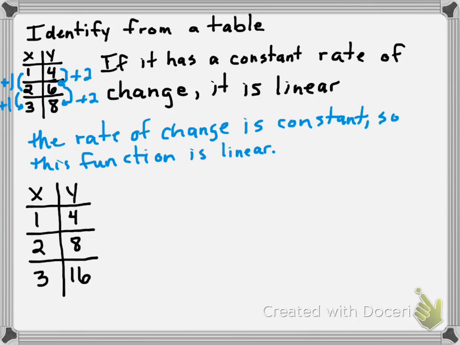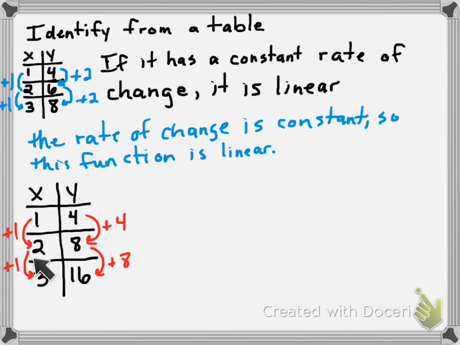Okay, now looking at this other table. Okay, from the first y to the second, it went up 4. From the first x to the second, it went up 1. Then from the second y to the third, it went up 8.